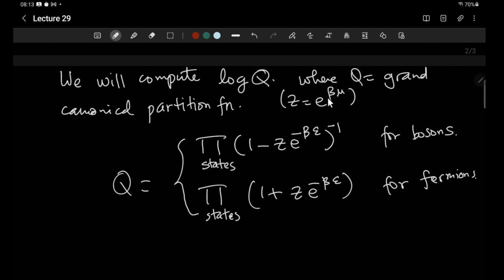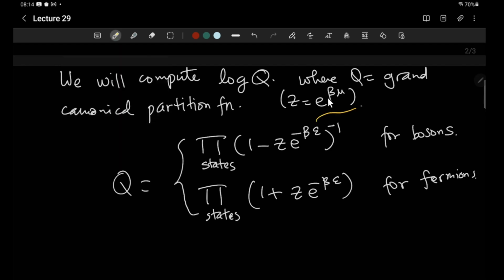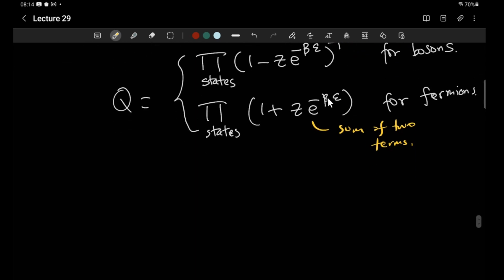Okay, is this okay? So this came from, recall, summing a geometric series. And this is just, in a box you can have 0 or 1 only, so just a sum of two terms. You pick a particular state, and once we do this, we can compute the log. Maybe I'll write this in yellow.